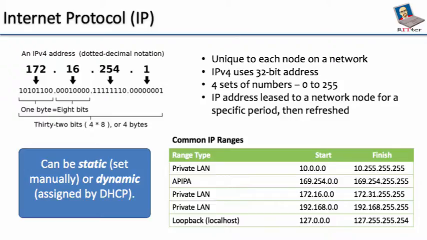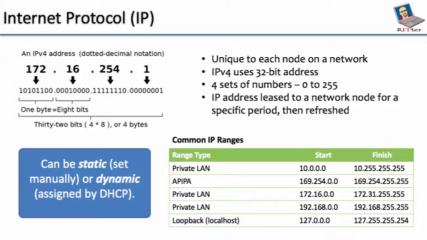Currently we're at IP version 4, which dates back to about the mid-1980s. It is a system of assigning addresses to nodes on a network where there are 4 sets of numbers. They're called octets because each number equates to an 8-bit binary number, so an 8 for octet. So there are 4 octets.